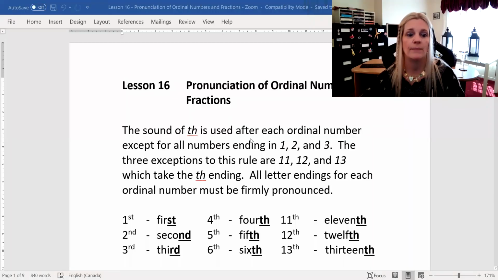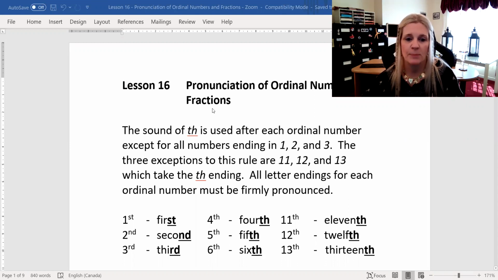Okay, so you already learned the pronunciation of TH, and that's why we did it first, so that we could get ready for this exercise. So let's just look at this here. The sound of TH is used after each ordinal number, except for all numbers ending in 1, 2, and 3.